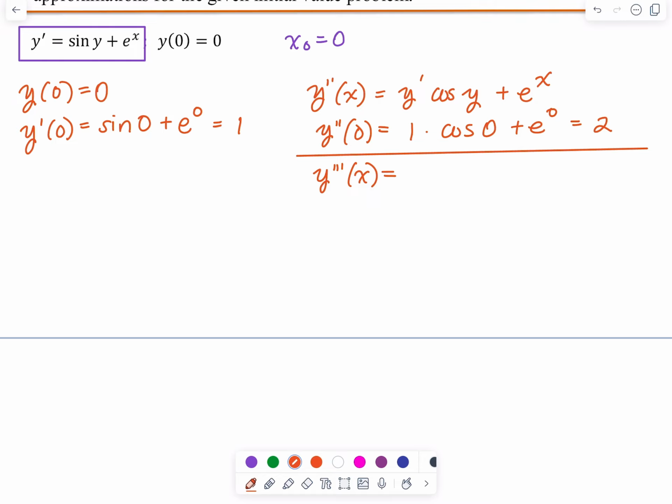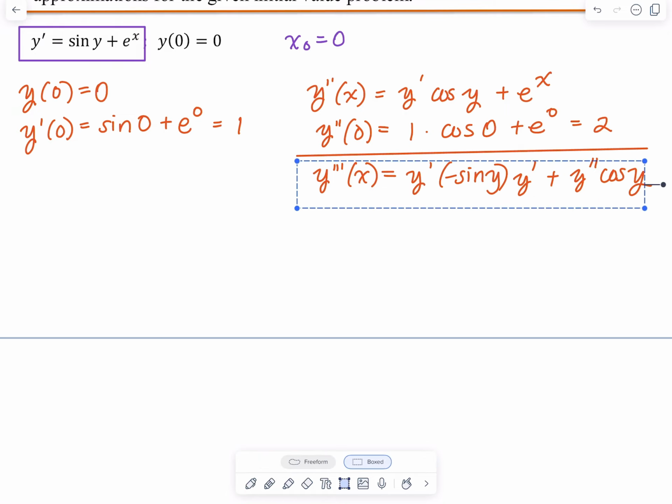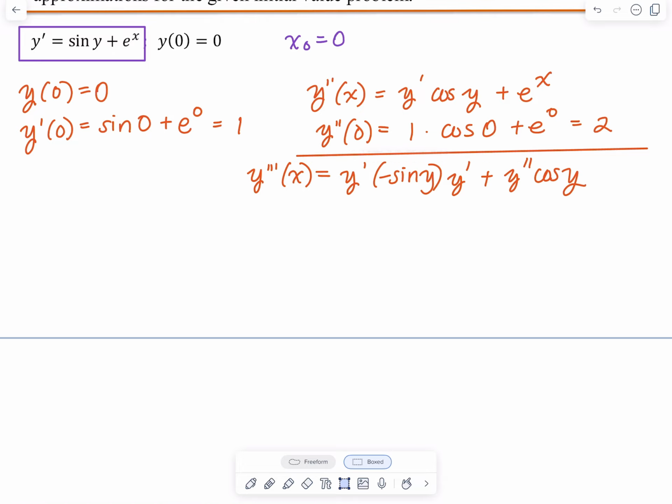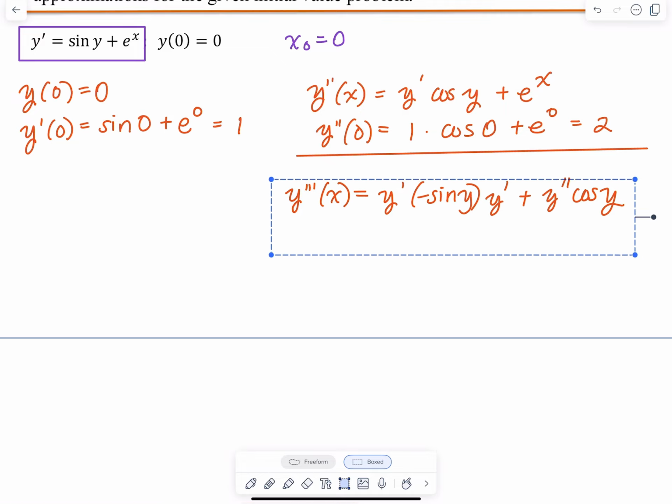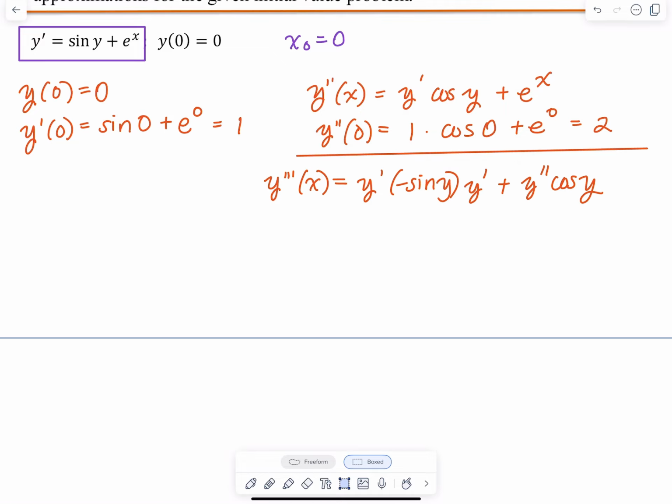So we'll have y double prime, and then I will need to have an e to the x. And then we'll evaluate y triple prime at 0.